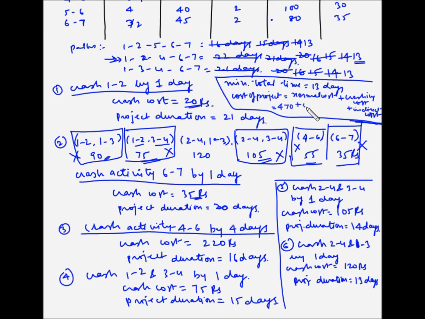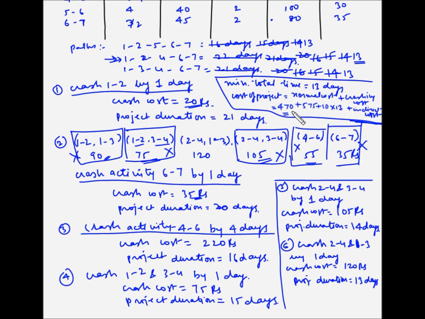So 470 plus 575 plus the indirect cost is 10 per day, and the reduced duration of the project is 13 days. So 10 multiplied by 13.